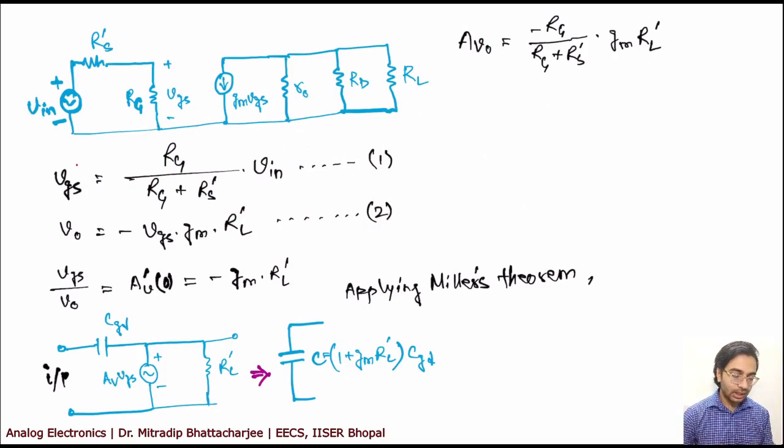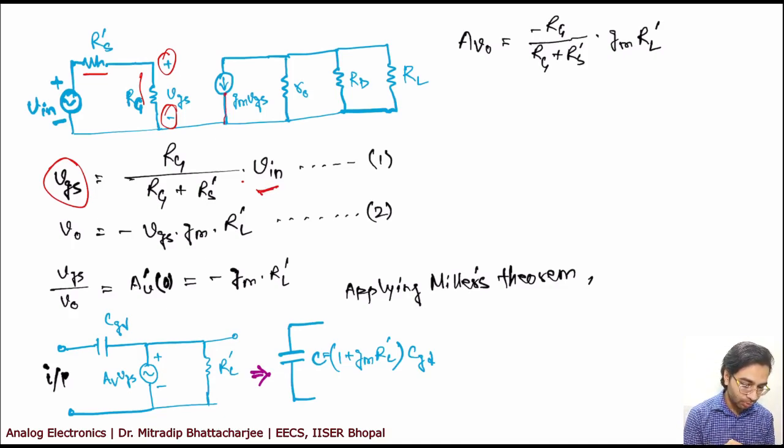Now let us calculate the gain associated with that. That is what we want. Your VGS value will be, these two resistances are in series, and VGS appears across RG. So it is a simple voltage divider: RG divided by RG plus RS dash, times Vin.